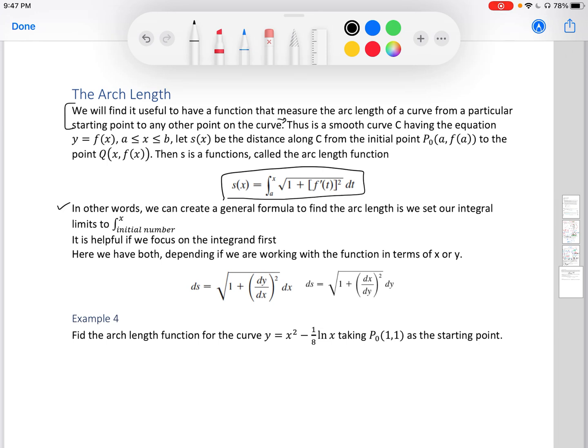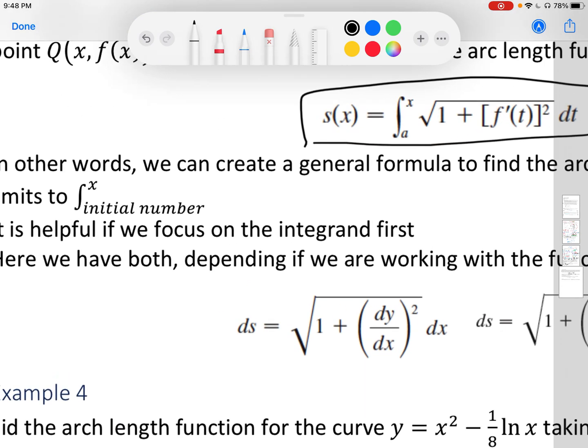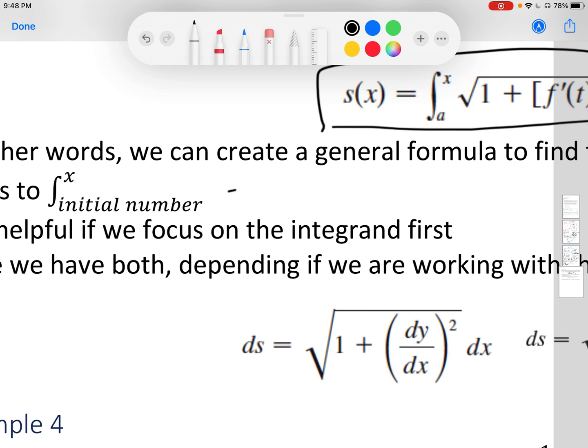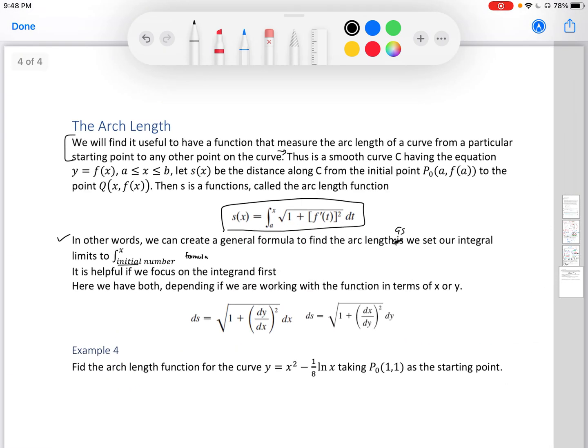In general, we can create a general formula to find the arc length as we set our integral limits. So essentially, we can have our own special formula where the upper bound is x, and whatever your starting number is, your initial number, that's the number you're going to actually put in. So that may vary.